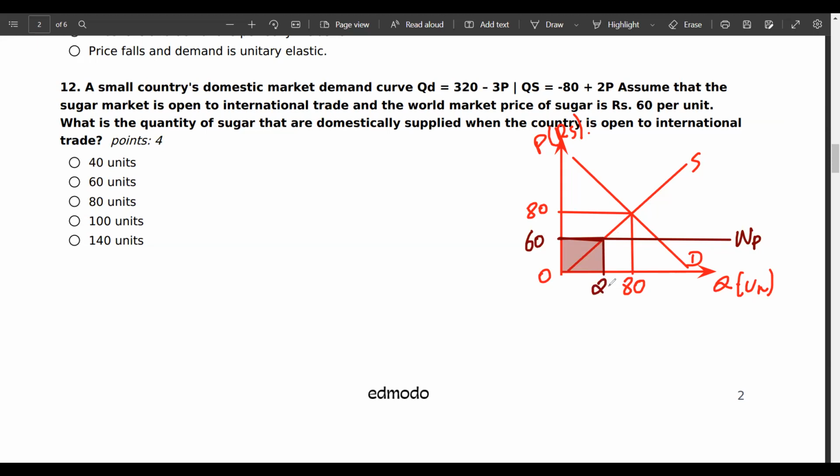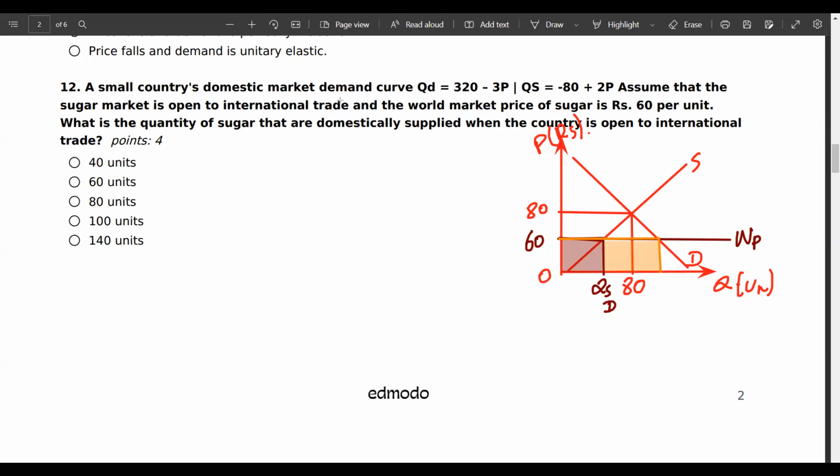This is the quantity supplied by the domestic market. Right? But the demand is way more. If you look at the demand now at 60 rupees, demand is here. So the brown area is the domestic supply. The balance part, let me highlight it, this orange area is the imported sugar part.